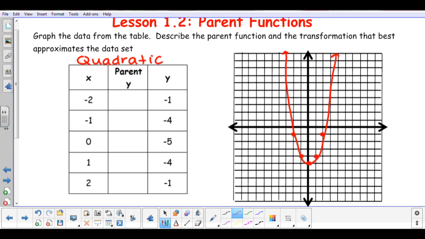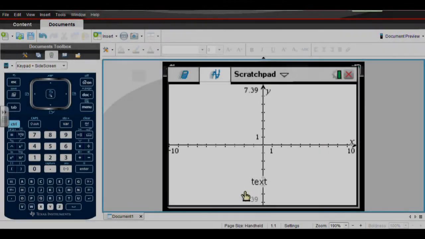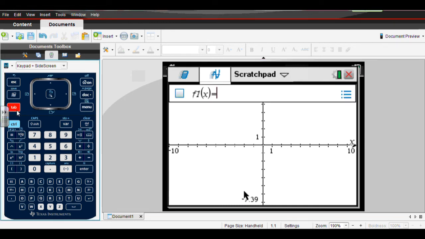Now what I need to do is figure out the parent y's that would come from our quadratic parent function using the x's that I was given. So I'm going to go into the calculator and graph the parent function for our quadratic, and for a quadratic, that's x squared.